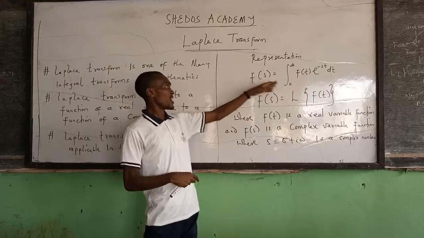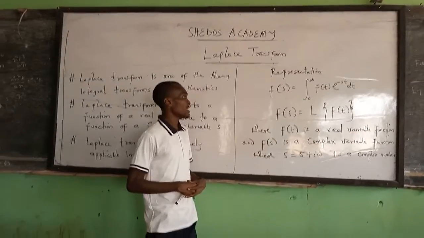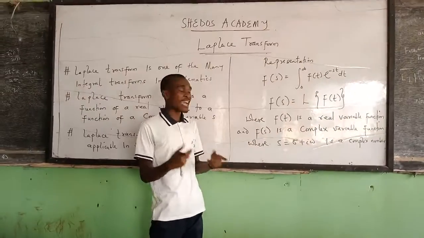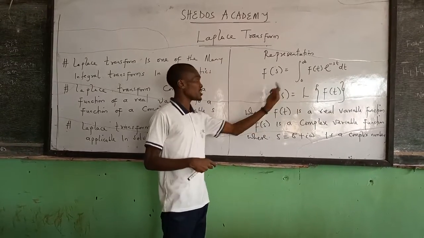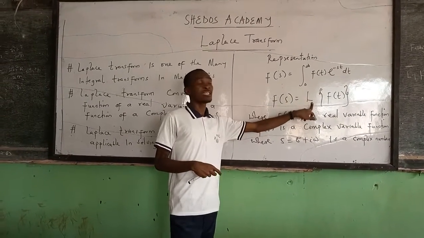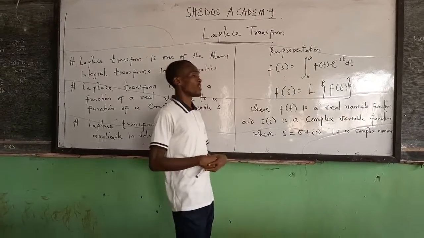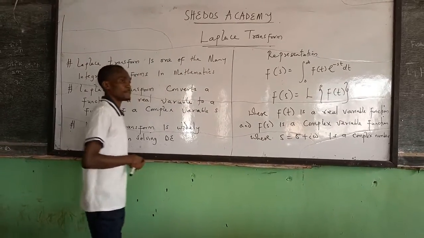So this is the representation of our Laplace transform. In a more concise form, we can say that F(s) is simply the Laplace transform of f(t).